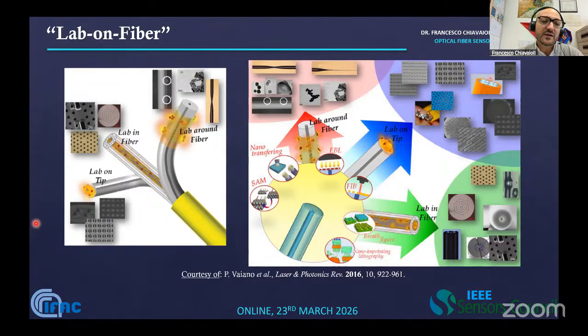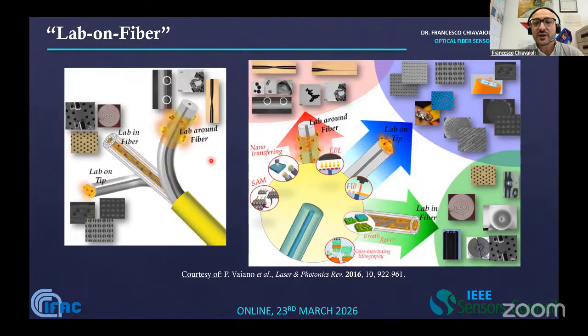Specifically, they divided this concept into three different sub-concepts: lab-on-tip, if the sensing region is on the tip of the fiber; lab-in-fiber, meaning that we're talking about microstructured or photonic crystal fiber where the sensing occurs inside the structure of the fiber; or finally lab-around-fiber, where the sensing occurs outside the cladding of the optical fiber.